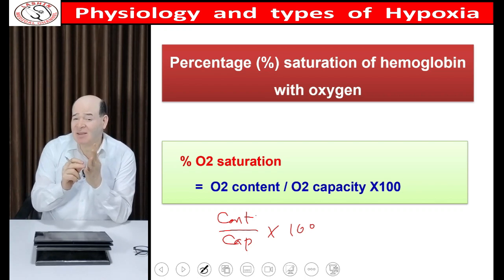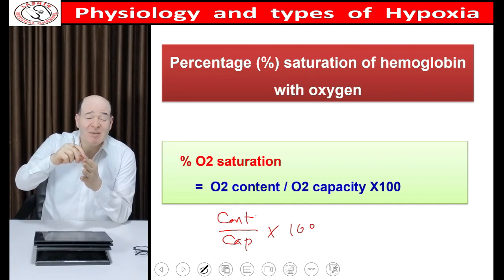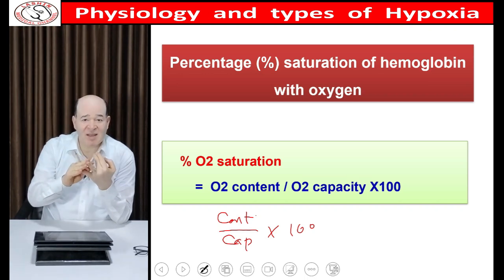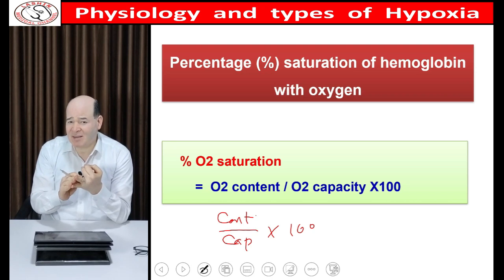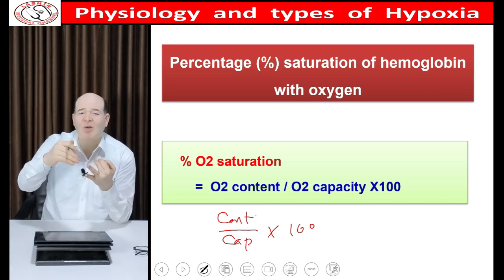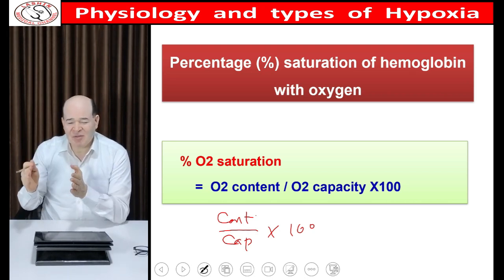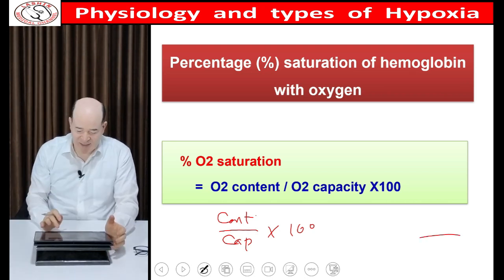However, the content may be 1, maybe 2, maybe 3, and maybe 4. When the content is maximum, it will be equal to the capacity. If we have 2 persons inside the taxi, the percent saturation is 50%, because we divide 2 over 4, the content over the capacity, which equals 50%. This is a simple example.